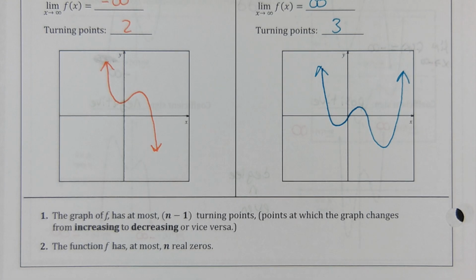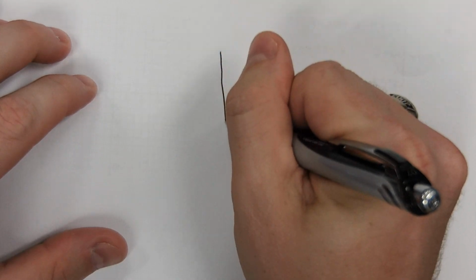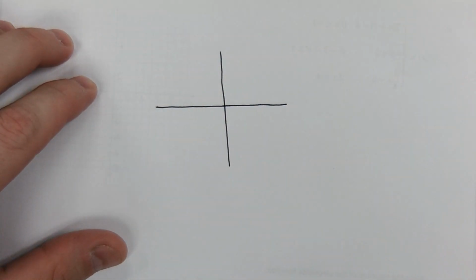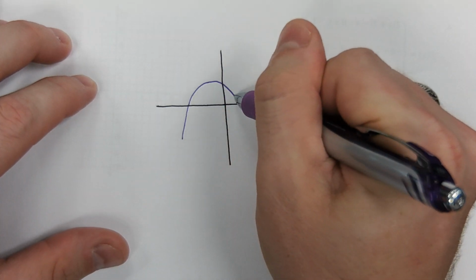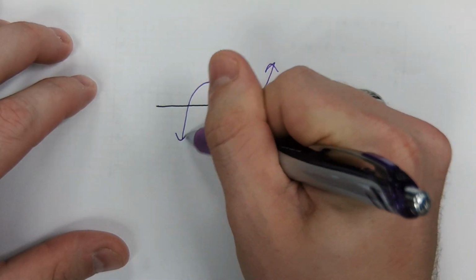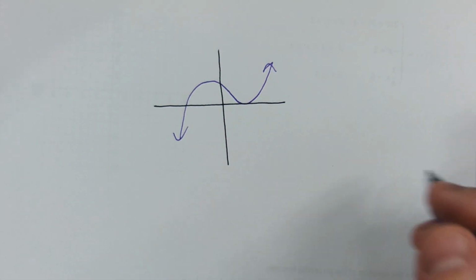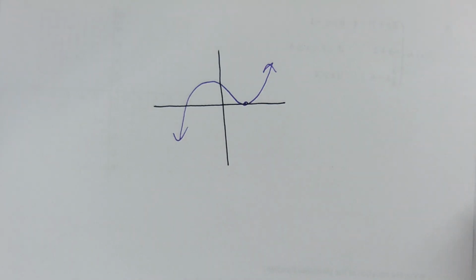That's impossible. But yes, it is completely possible to have 2 real solutions. Let me draw an example of a cubic that has 2 real solutions. This one just happens to be a repeated solution, but it only has 2 real.